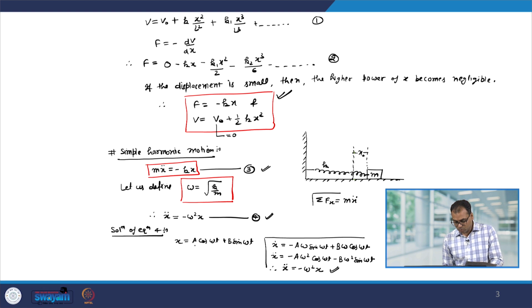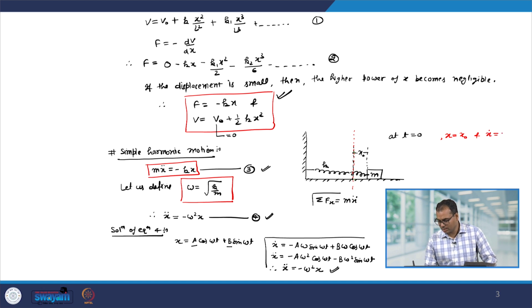Now, the values of this constant a and b can be determined from the initial condition. So, let us say at t equal to 0, this is the situation that we have, and let us put our reference axis over here. So, at t equal to 0, we have x equal to x naught, and let us say at this instant the velocity of the mass is x naught dot.